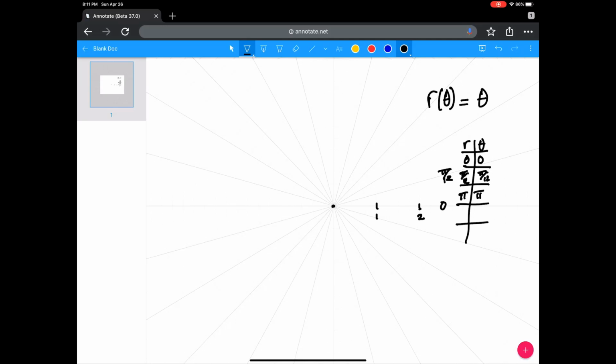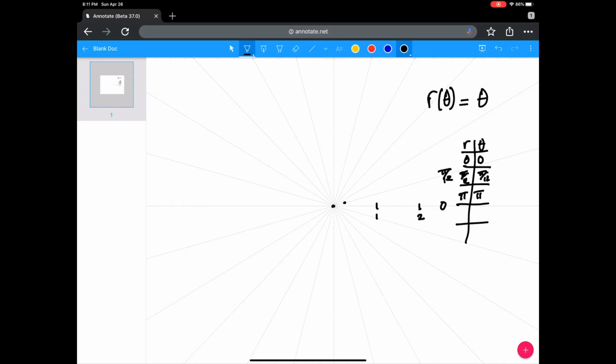So now I'm going to plot a point where I'm at this angle pi over 12, and the radial length is about 1/4. So on this scale, that would be about there. So then that's pi over 12.